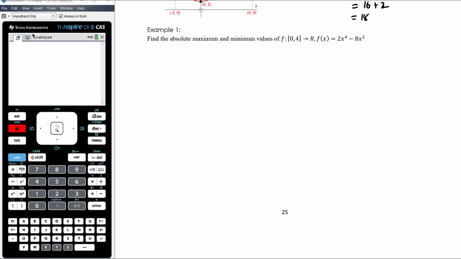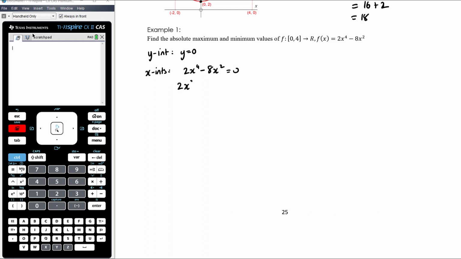Okay, so let's have a look. I'm already seeing that the y-intercept is going to be at 0, because if I let x equal 0, y will be 0. X-intercepts are fairly easy here. 2x to the power of 4 minus 8x to the power of 2 equals 0.